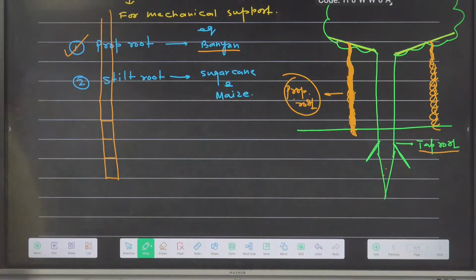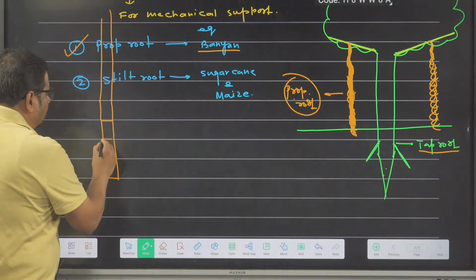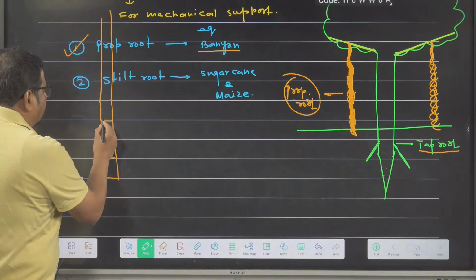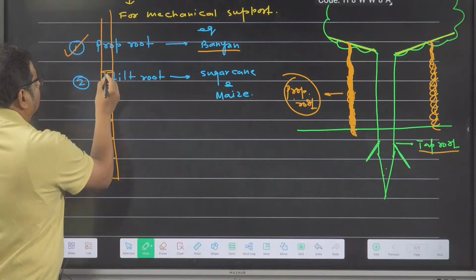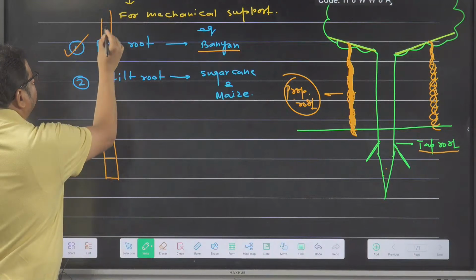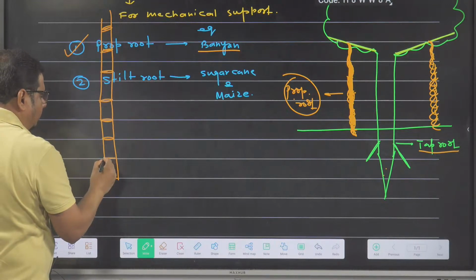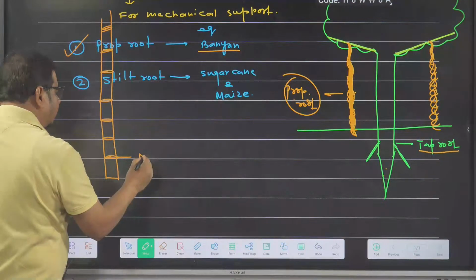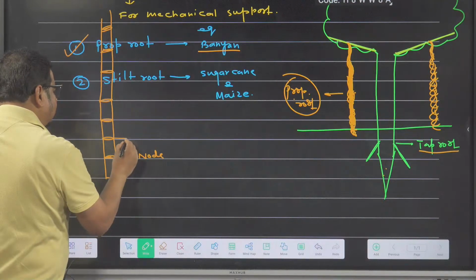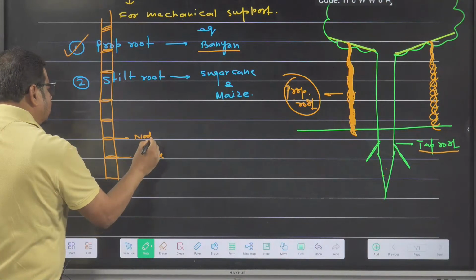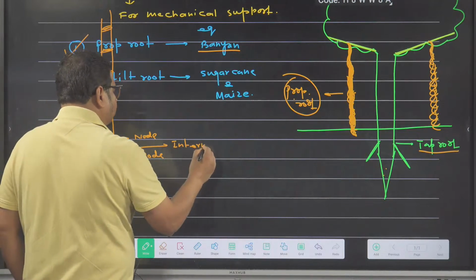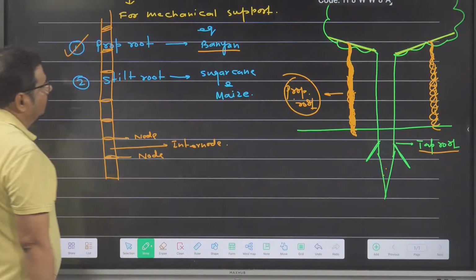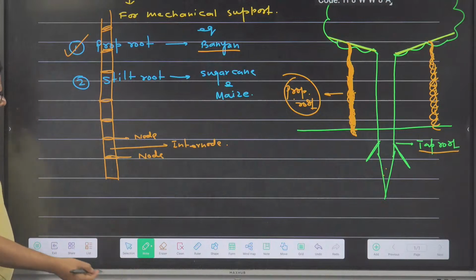Now, in sugarcane plant or even maize plant, you know, nodes are very prominent, easily visible. So this is node. This is another node. And this is internode. This is node, this is internode.